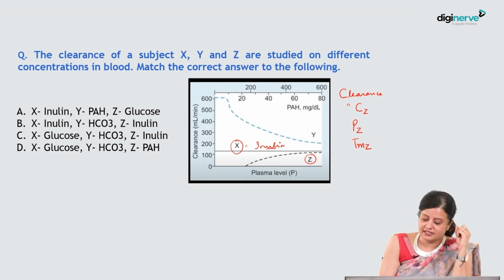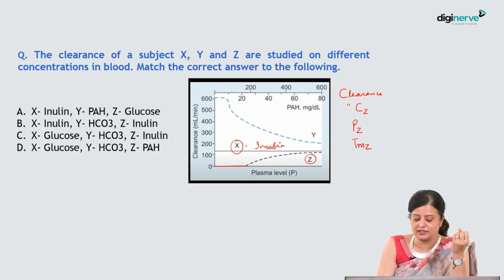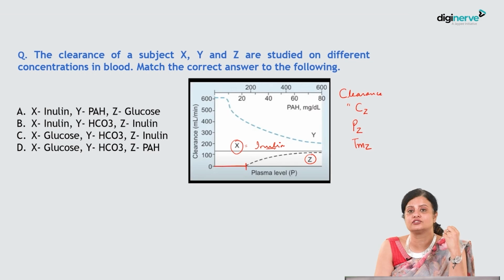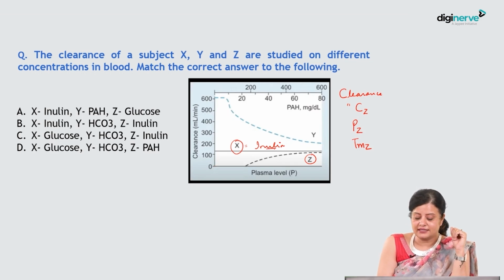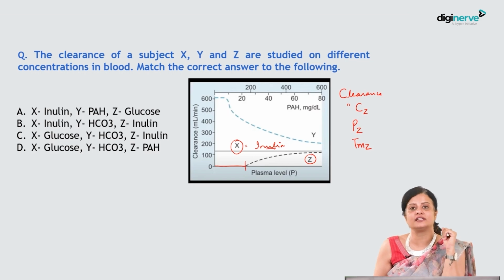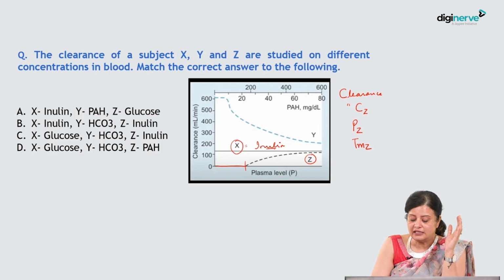So here we can see that up to the transport maximum or the renal threshold, the substance Z is not appearing in the urine. But once it crosses the renal threshold level, its appearance in the urine increases.